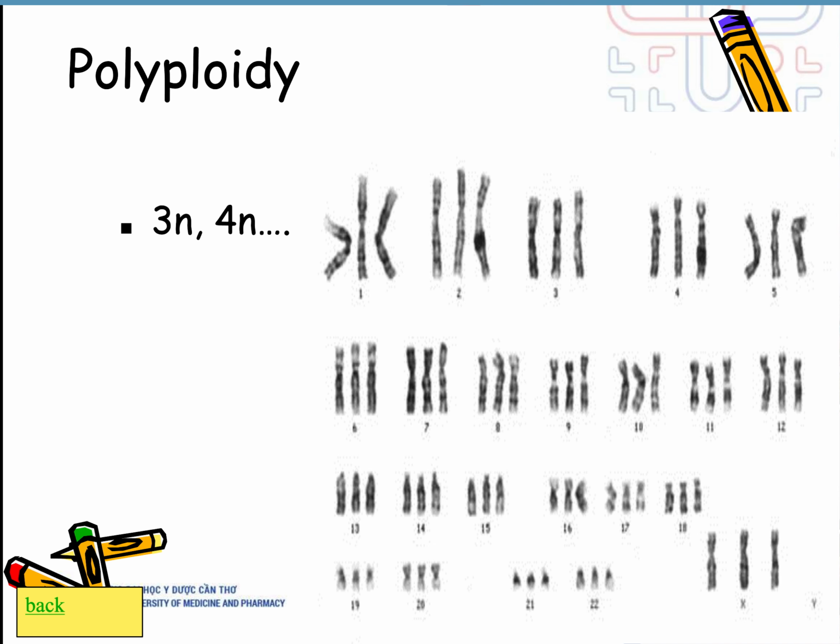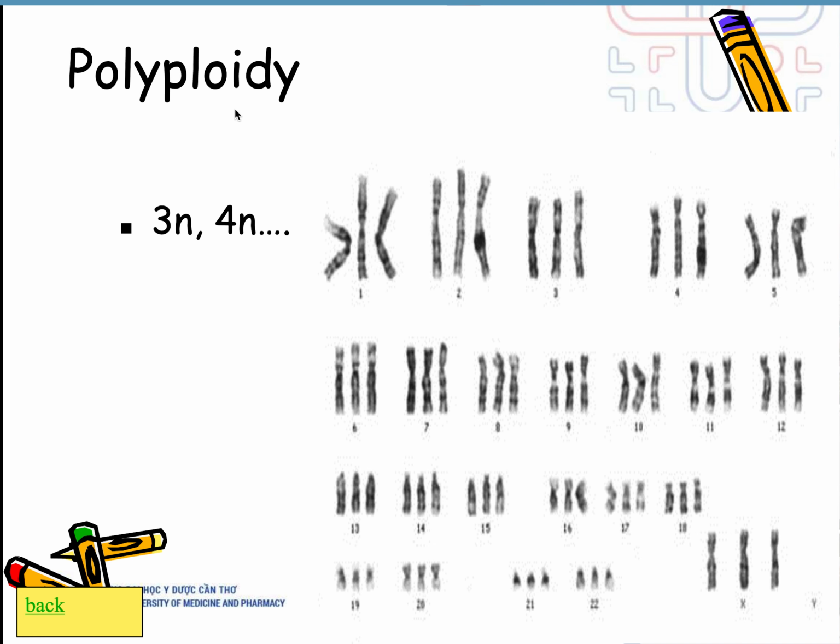You see on the screen here, they are triploidy. That means you see three chromosomes go together like this, whereas normally we have only two, with the exception of gametous cells, which have only one.